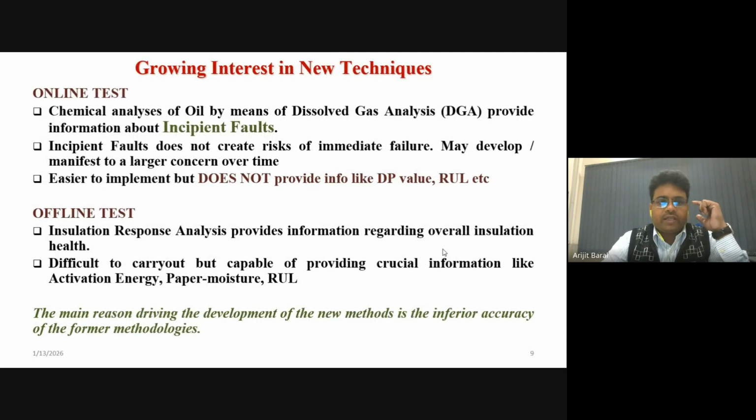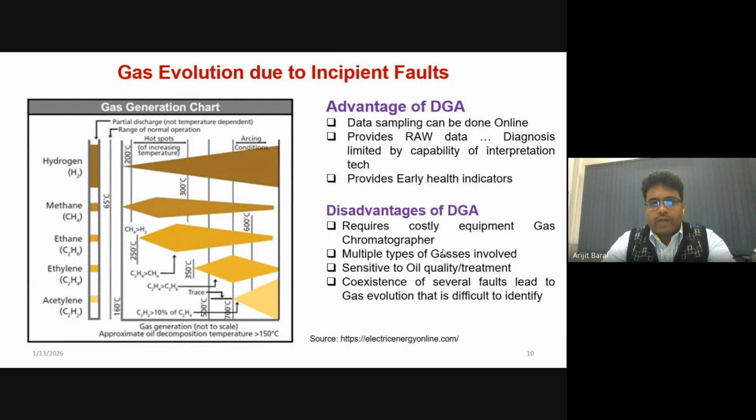So if we look at this particular chart, in total, there are 6 types of fault that can be categorized as incipient faults. Incipient faults are small faults that the transformer can work with. That means the fault is actually present in the transformer and it is continuously creating energy loss, but it is not a major fault, and hence the transformer can work even when these faults are existing.